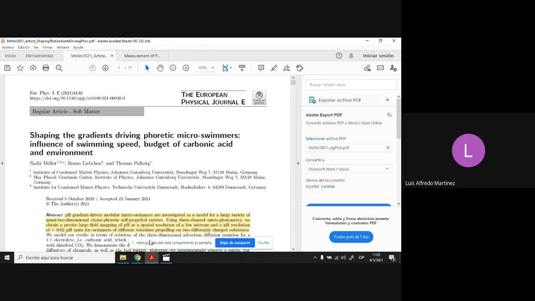The application of the phoretic motion is wide, and there is additional interest recently in mechanisms for chemotaxis effect. It is very useful in this area.